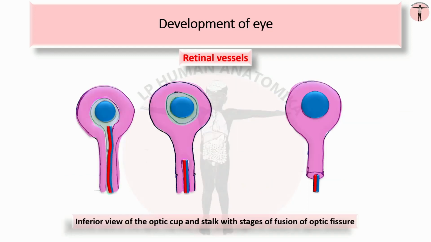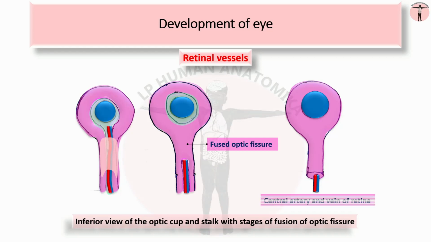The fetal or optic fissure along the optic stalk closes around the hyaloid vessels, which get buried inside the fused optic fissure. This portion of the hyaloid vessels within the stalk becomes the central artery and vein of the retina.